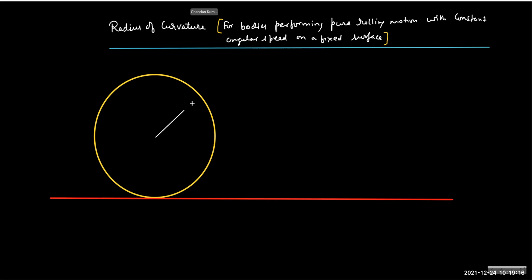So let's take some random point here. I want to know the radius of curvature of this point P. It's moving with v and turning with omega, and v equals omega r. So that's the pure rolling relation. I want to know the ROC of this point.